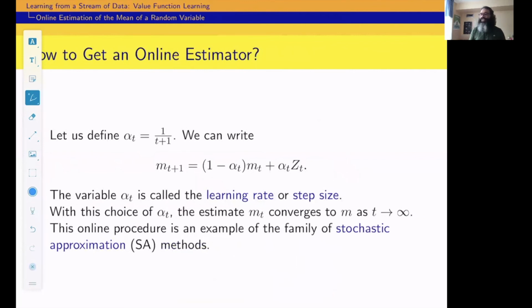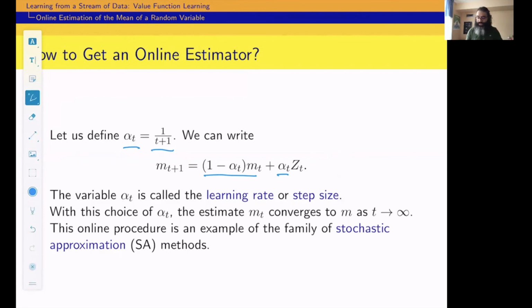Let's introduce a new notation. I define alpha_T to be equal to 1 over T+1. Then we can write the previous equation as (1 minus alpha_T) times M_T plus alpha_T times z_T. Here alpha_T is the learning rate or step size, and you have seen it in machine learning courses, for example with stochastic gradient descent; it's a similar concept.